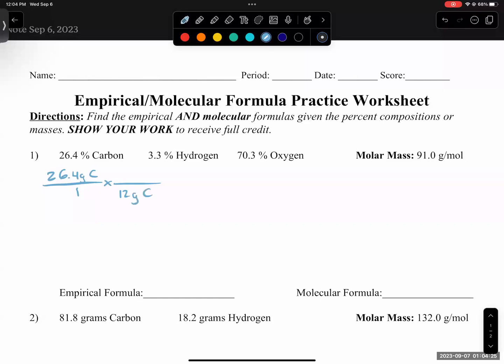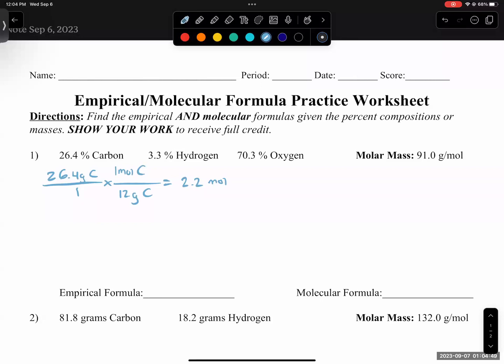So 12 grams of carbon for every 1 mole of carbon. And that's it actually. So we got the moles. What is this when we put it into the calculator? Cool. So 2.2. Do you have an extra decimal in there, or 2.2 moles?